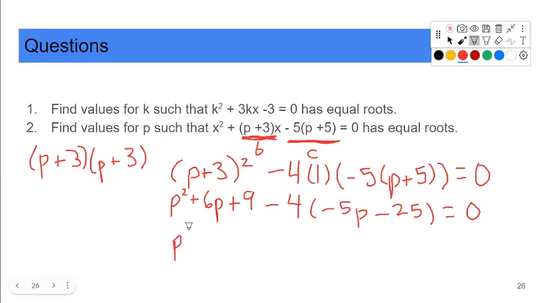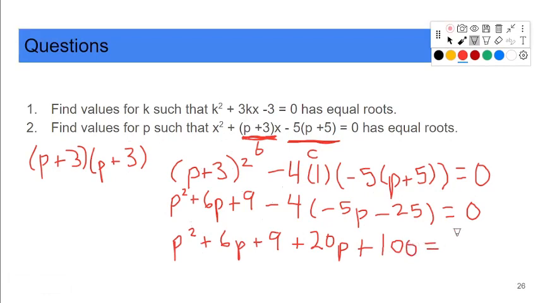So p squared plus 6p plus 9. Then we have negative 4 times negative 5p, so that's plus 20p, just by distributive law. Negative 4 times negative 25 gives us positive 100.